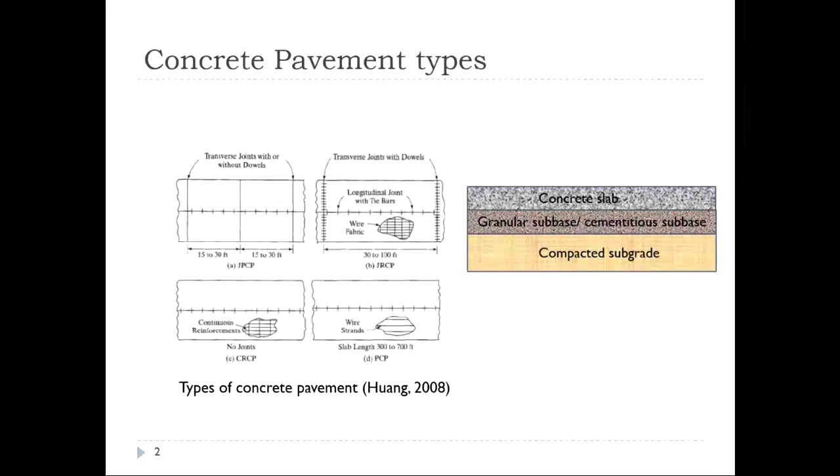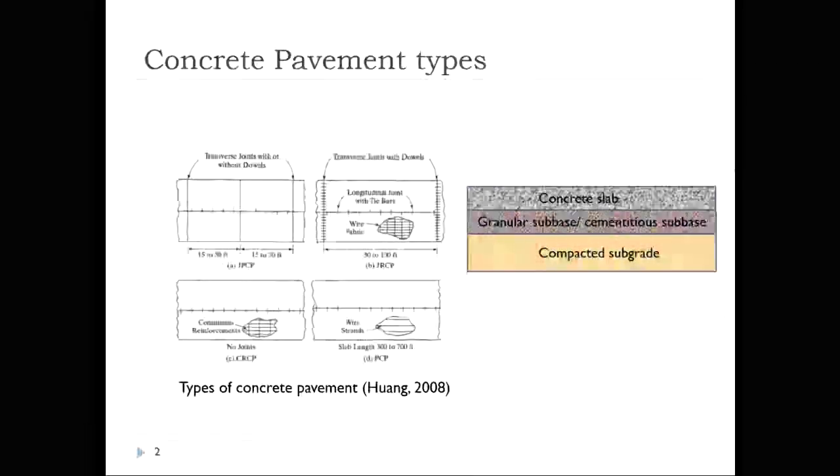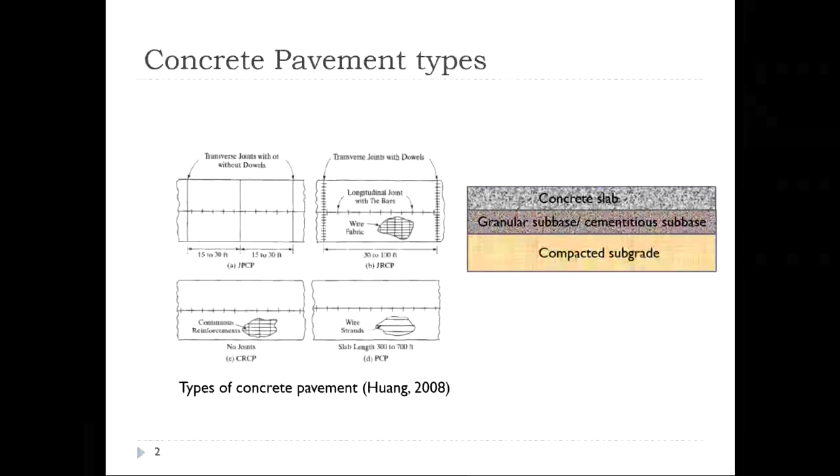In a conventional concrete pavement, the concrete slab dissipates most of the stresses coming onto the pavement surface, whereas the subgrade or the lower layers have a relatively lesser role when compared to flexible pavements.